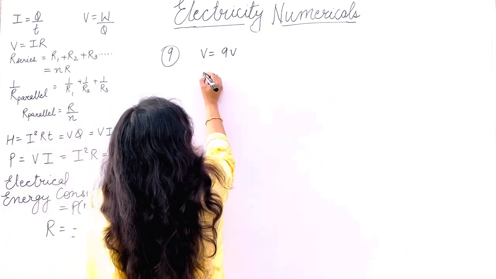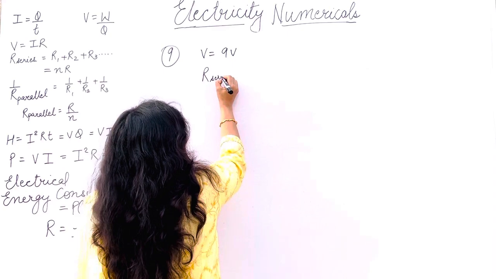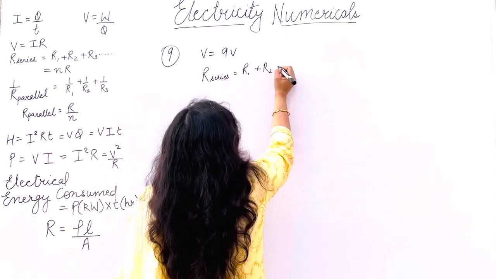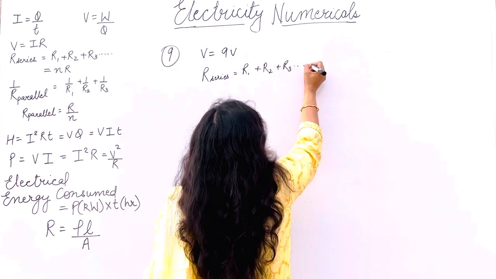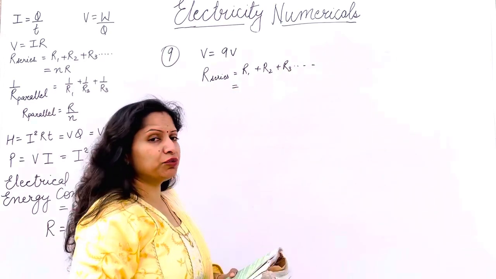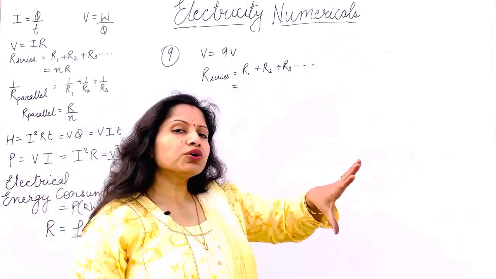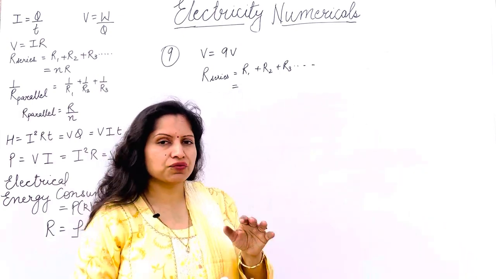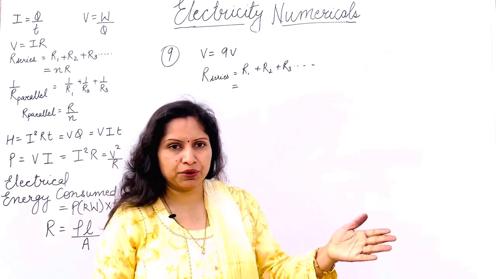We have to find out the total resistance of them in series, because it's given in the question that they are all connected in series, and we know that when we put the resistors in series, the total resistance of the circuit is the combined resistors added up together.